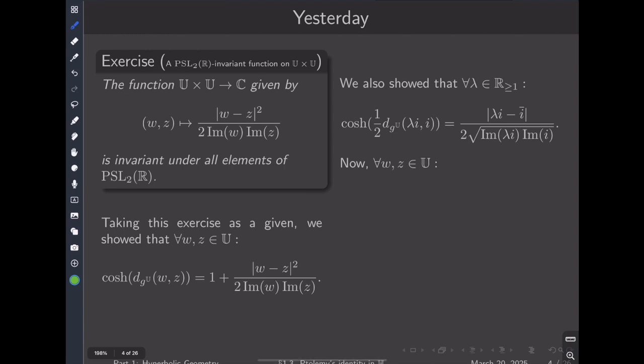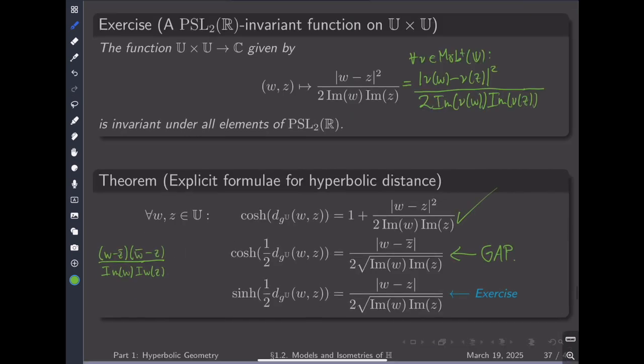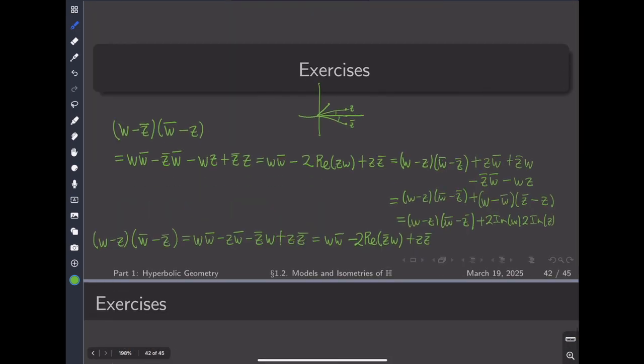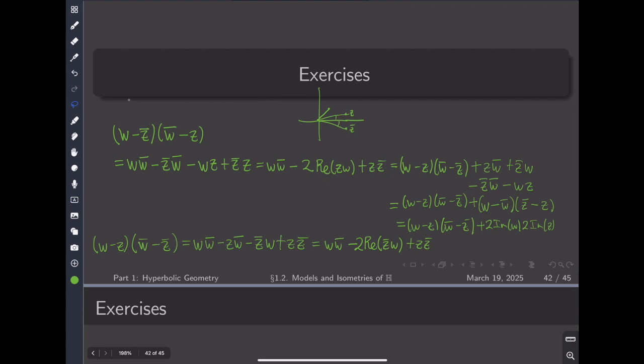So let's see. Let's take, yes, now I remember where I did it. Sorry. I didn't find it because I did it here.